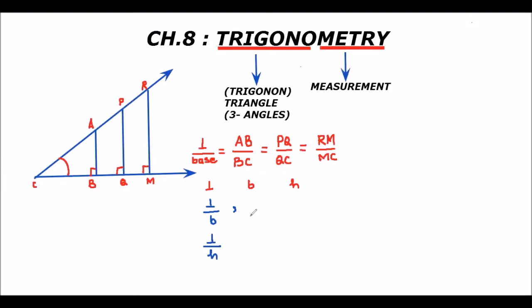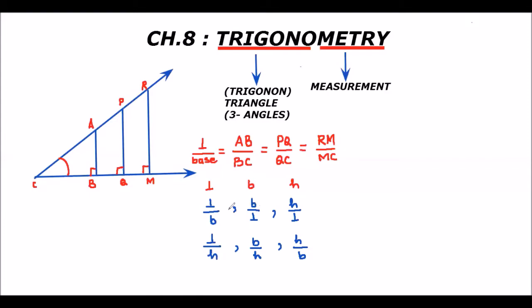Similarly, I can take base in the numerator and perpendicular in the denominator, or base in the numerator and hypot in the denominator. Similarly, hypot in the numerator and perpendicular in the denominator, or hypot in the numerator and base in the denominator. In this way, we are able to create six ratios by taking different sides of the triangle.